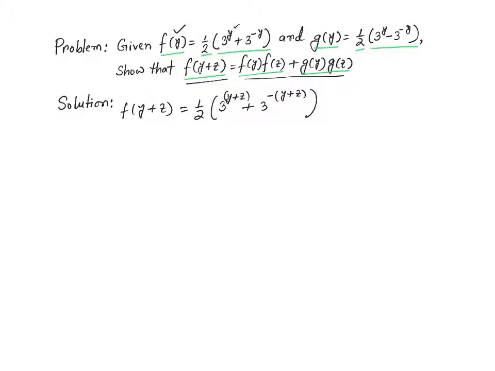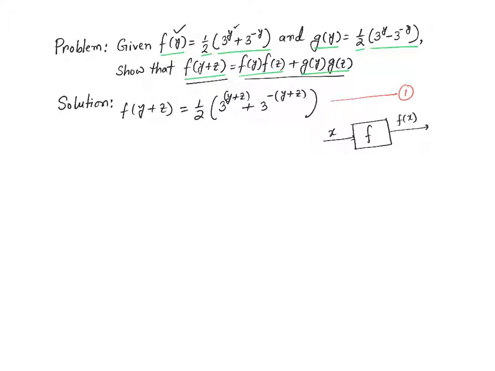Now let me label this as my equation number 1, and then let me do a little bit of explanation on how I get this function. It's important for you to understand what's going on here. So think of a function. If you have a function f, it takes an input x, it gives you an output f of x.